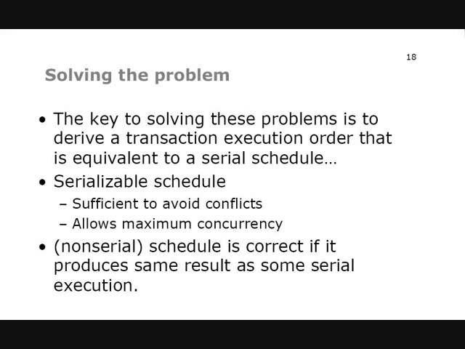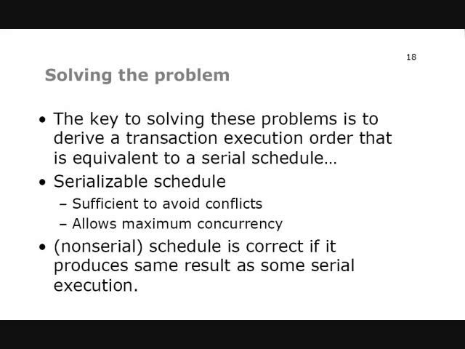And it's going to allow us concurrency, maximum concurrency, which is what we want to have. We want to execute things as if they were serially executed, one after another, but we want to do that managing maximum concurrency, allowing users as much access as possible to the resources at the same time, provided that doesn't have any ill effects on the database.